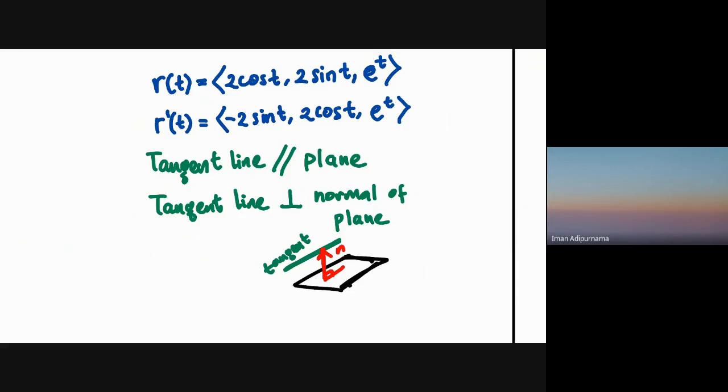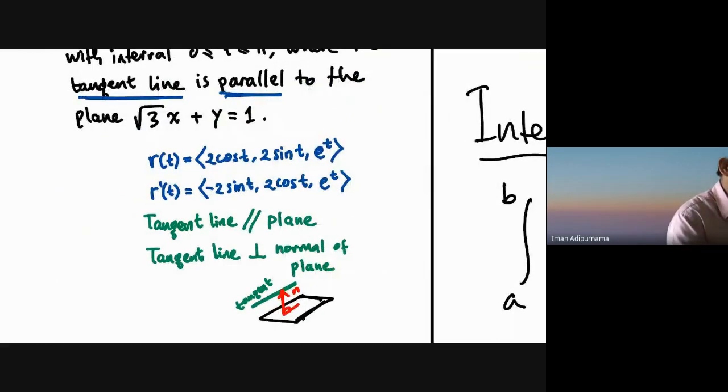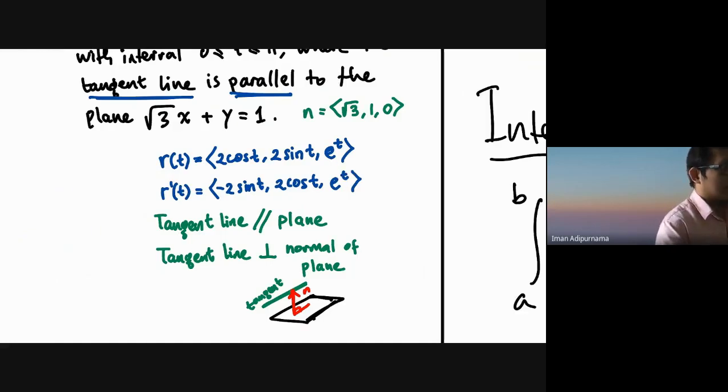From this plane here, we get that n is square root of 3, 1, and 0. That is our direction number from here.